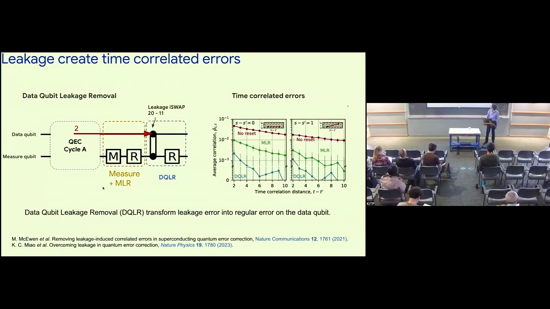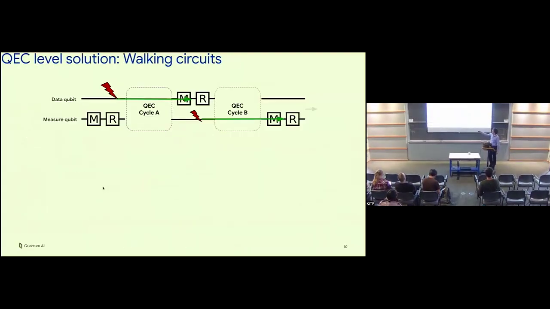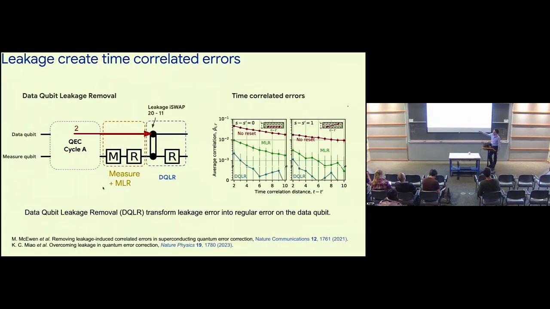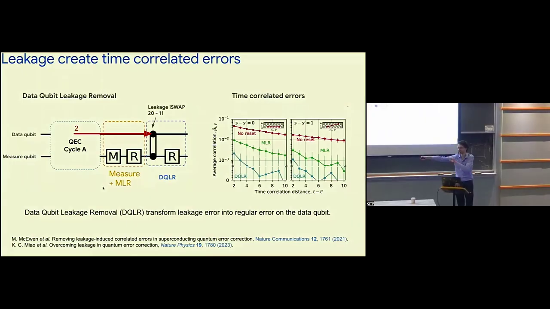So DQLR is this pattern, right? What happens is that if you have a leakage on, let's say you have no transport at all, transport doesn't exist, and you have a leakage on your data qubit, this will stay forever, as long as your two states survive. So it's going to stay T1 of your two states.